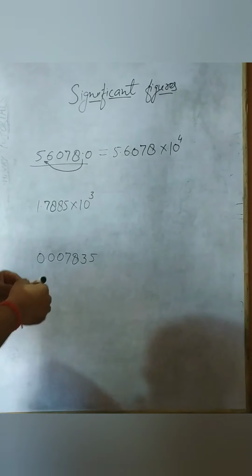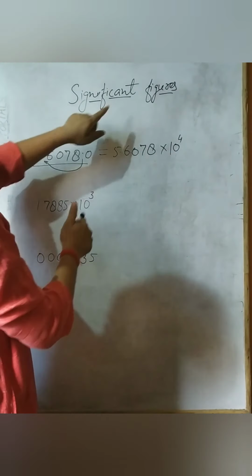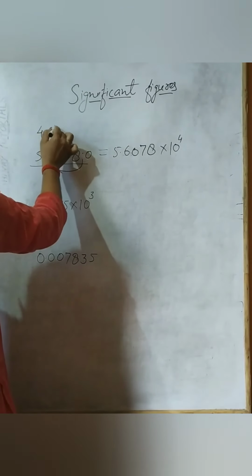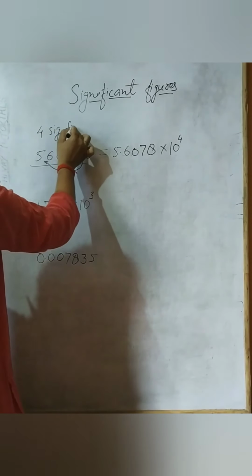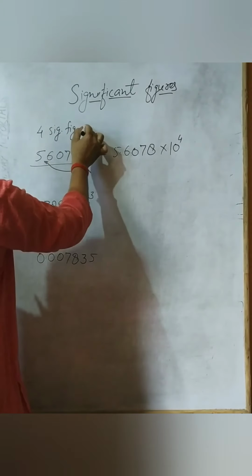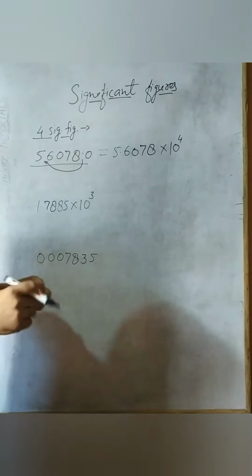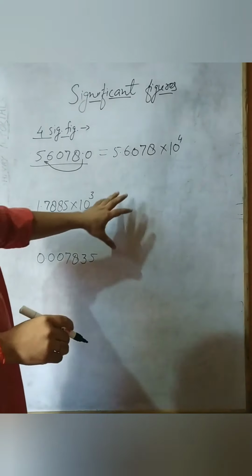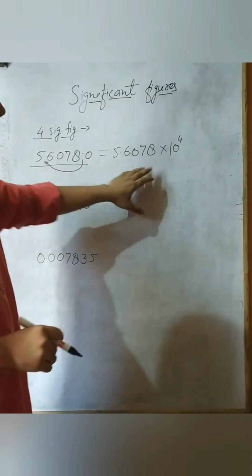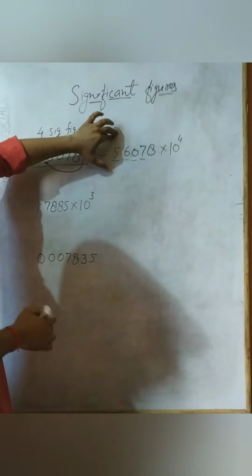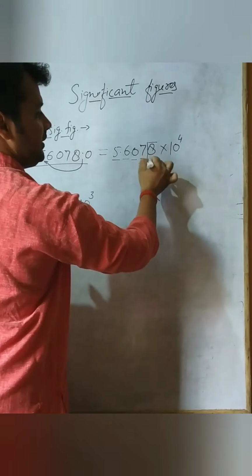Right? Now the question is asked, convert it into 4 significant figures. We need 4 significant figures, only 4. So what will we do? We will round off. Now what is the rule of round off? The digits here at the last, 1, 2, 3, 4, these 4 digits we want. This digit we don't want.